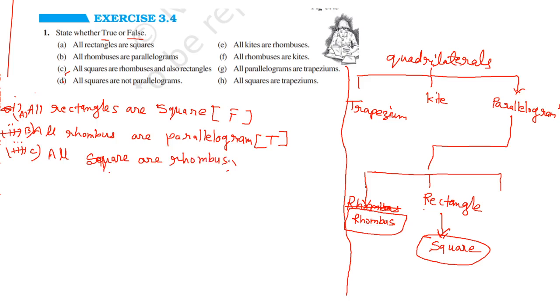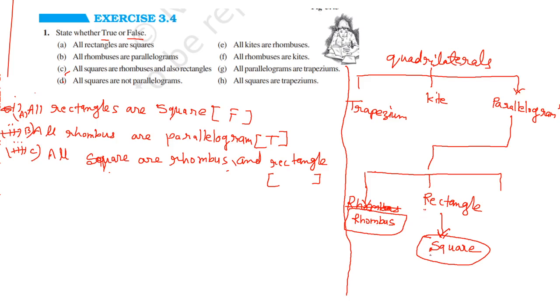We know that a square is a special rectangle. That means all squares should be rectangles also.